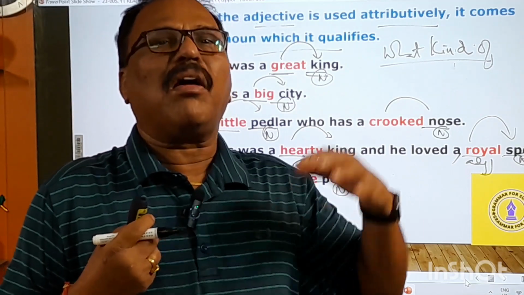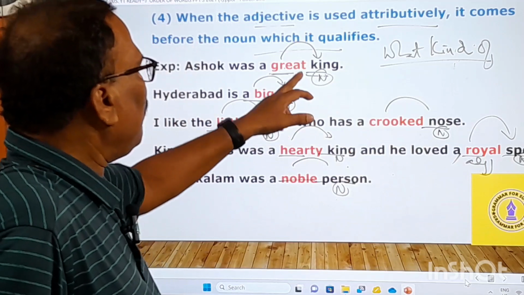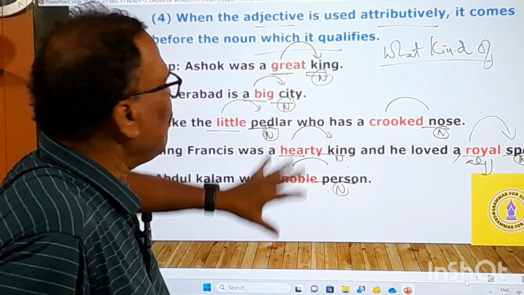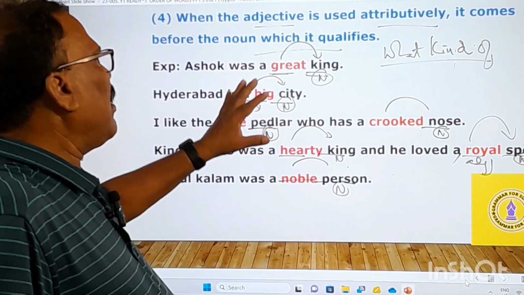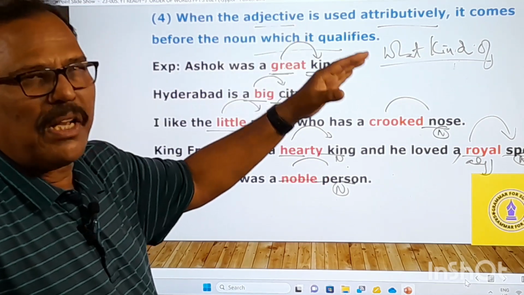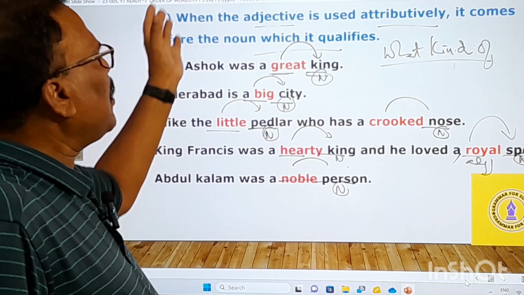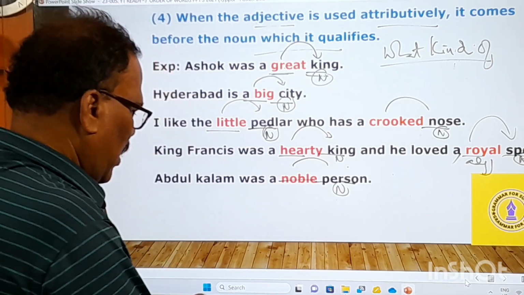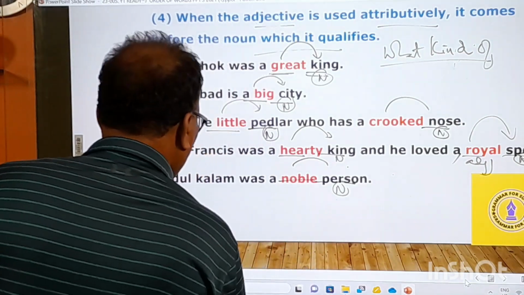Attributive use means along with a noun. So if an adjective is used with a noun, it is called the attributive use of an adjective. Right. Now we go to the predicative use also.